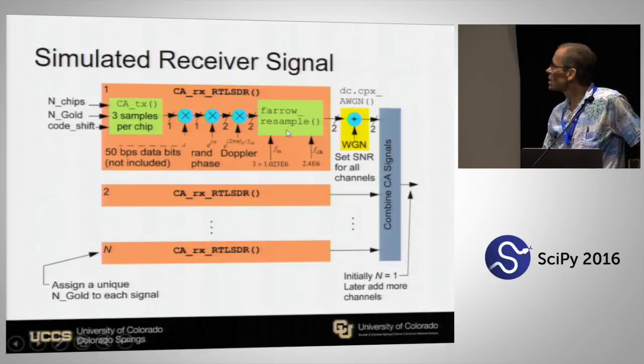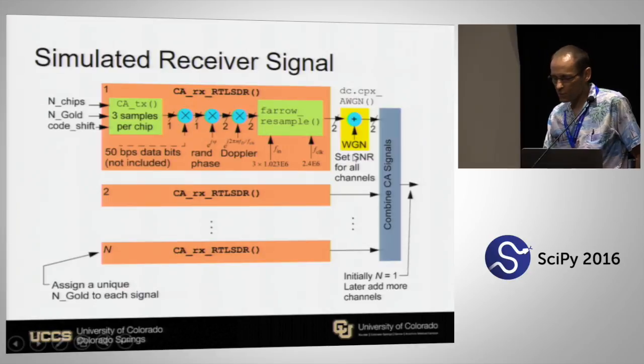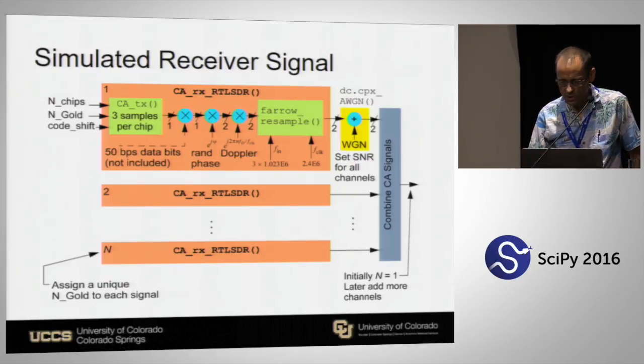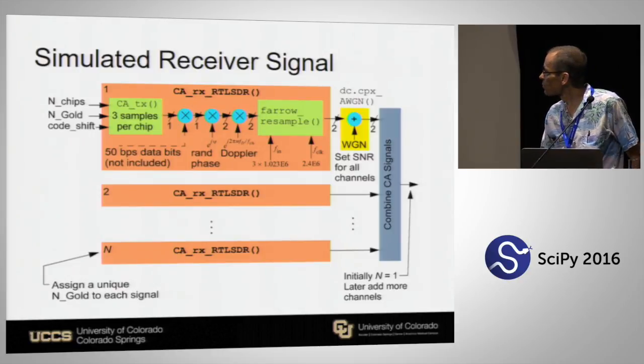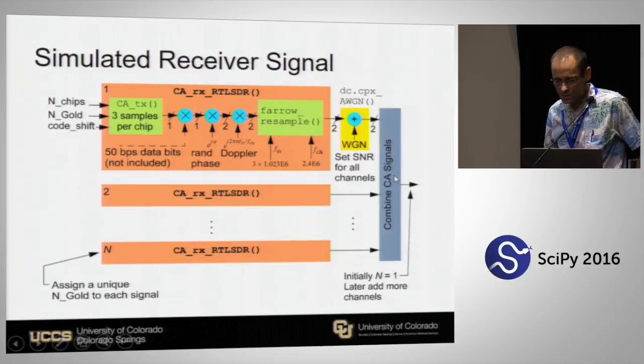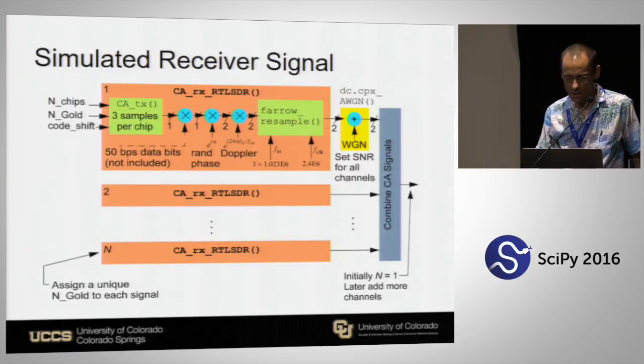So I resample the data asynchronously. I apply a bunch of distortion attributes if I want to, the Doppler, random phase. Add noise in to represent the actual noise of the receiver front end. And then, of course, if I have additional channels implemented, they would be down below. And they're all summed together to look like the composite signal impinging upon the patch antenna.